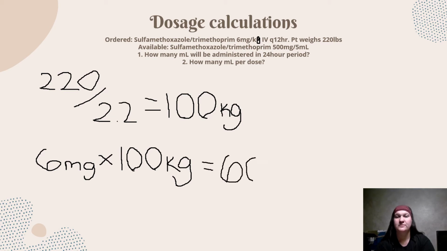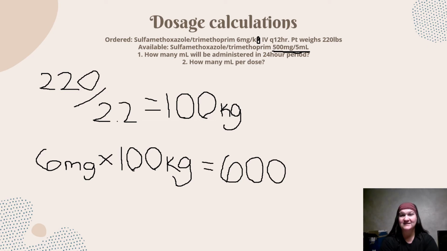600. Cool. Now, what we have is 500 milligrams per 5 mLs. If we want to simplify that even further, we can see there's a common factor of 5. So if we basically eradicate that, we know it's 100 milligrams per mL.